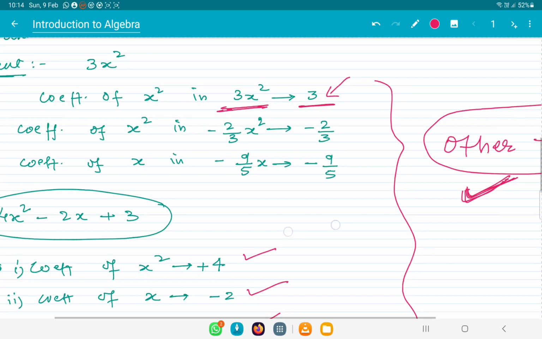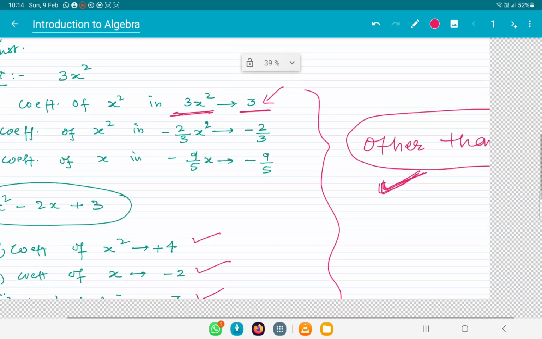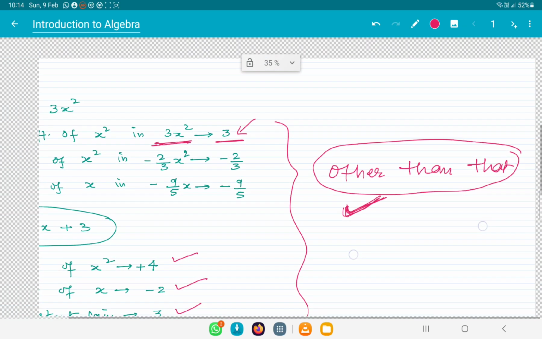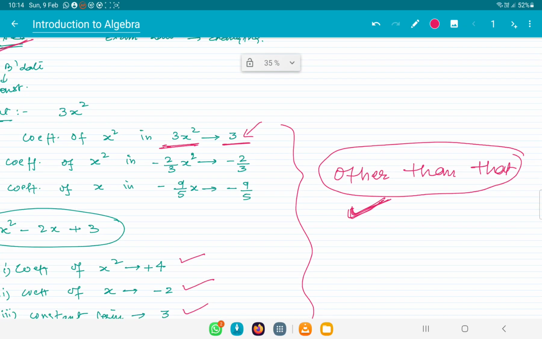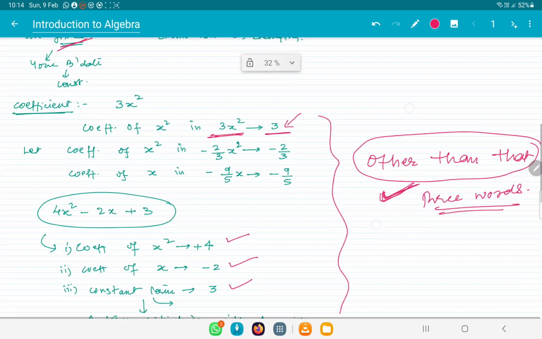Now we will see how we are doing it. Only 3 words you have to remember for this: other than that. With the help of these words, you can easily find the coefficient of an algebraic expression. See here, in 3x square we want to find the coefficient of x square.